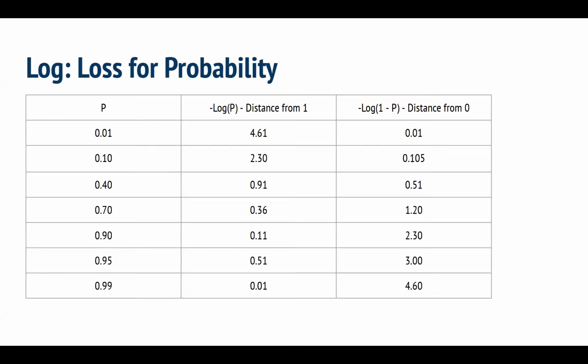There are two situations. Either it's a cat or not a cat for one output node, right? If that item is a cat, our prediction should be 100%. If it's not a cat, it should be 0.